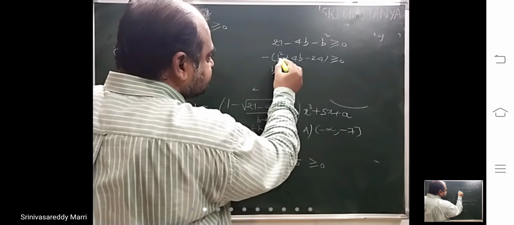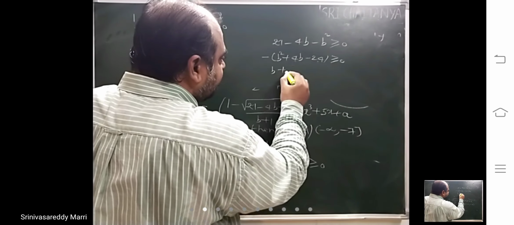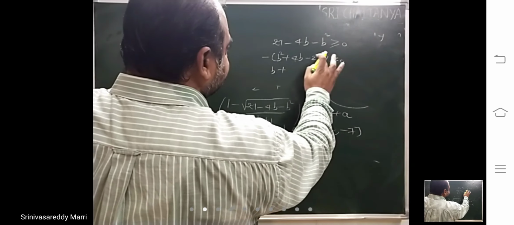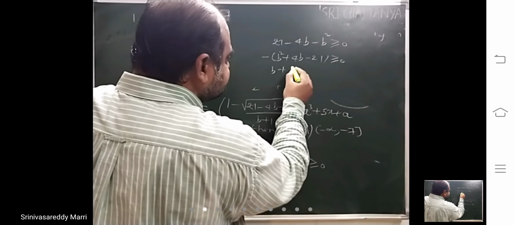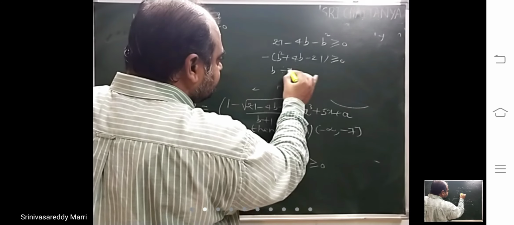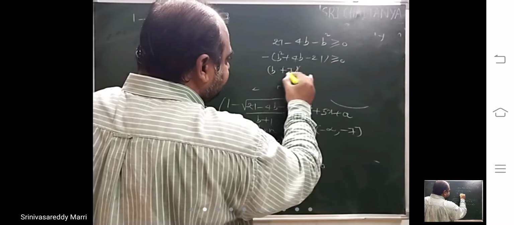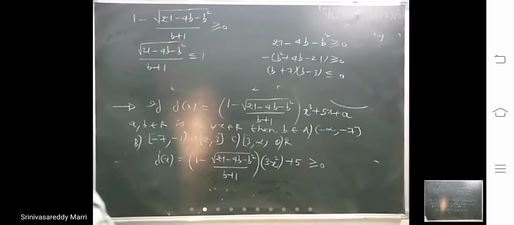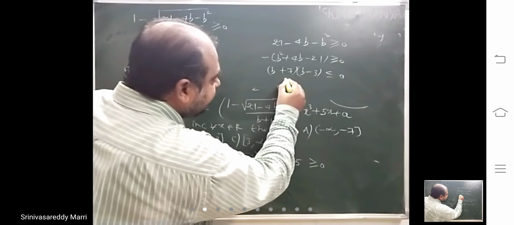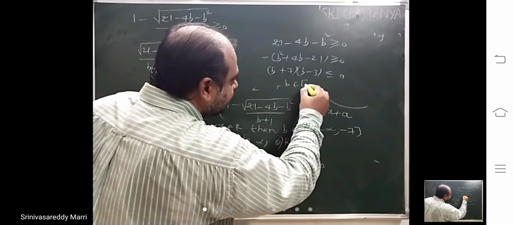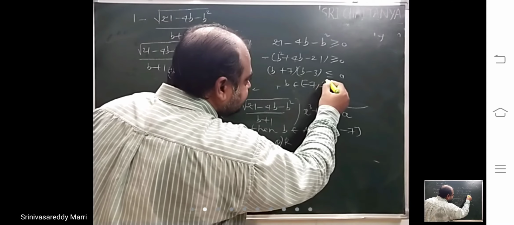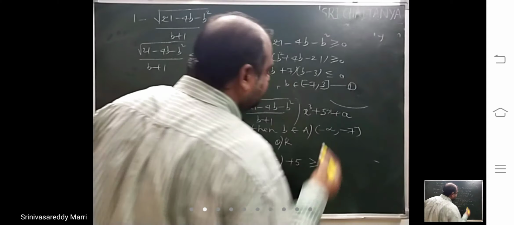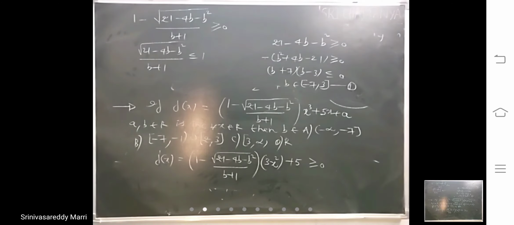So that means this factorization is b minus 3, b plus 7. This minus will become less than or equal to 0. That means b must lie in the interval minus 7 comma 3. Then only that root will be defined.